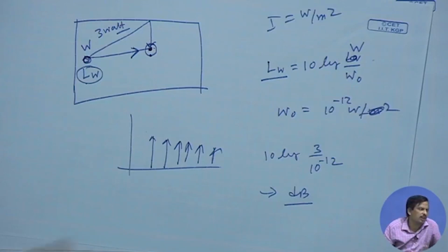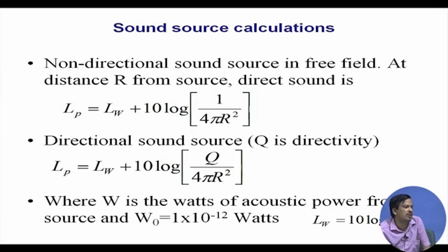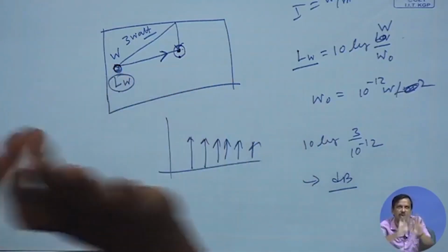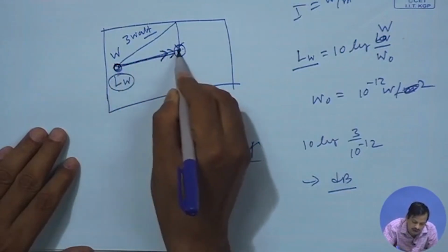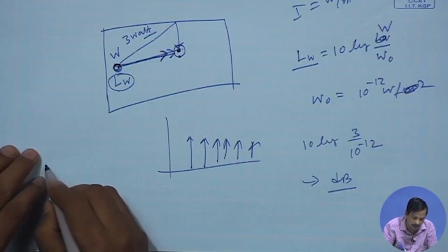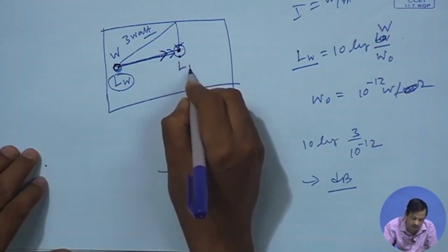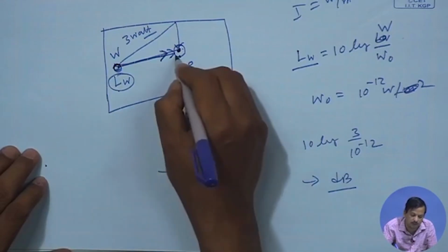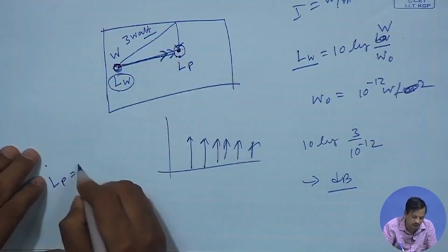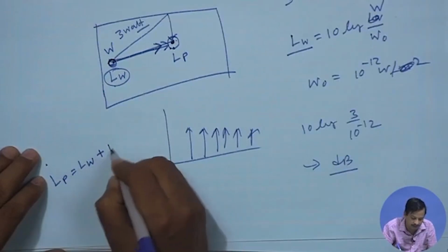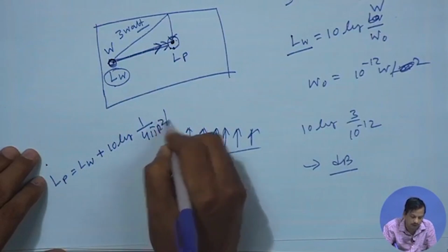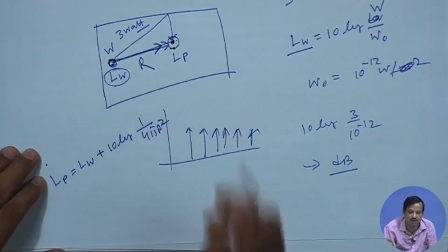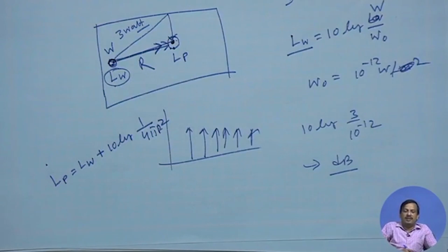So, a non-directional sound source is in a free field. Suppose this sound source is a non-directional sound source. So, this direct sound intensity here will be, at this point, let us say LP, this is LP, equal to LW plus 10 log 1 by 4 pi r square, where the distance from the source is R. At R distance it is LP.